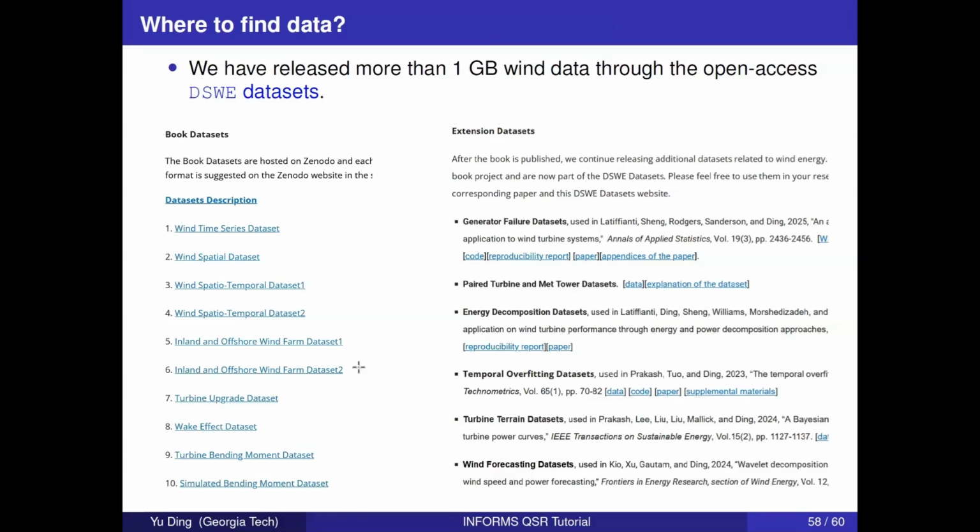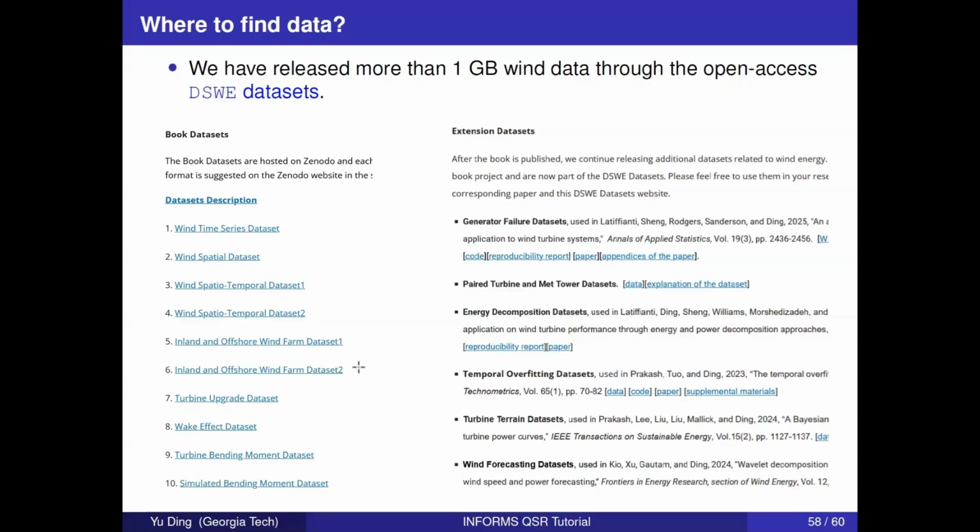After 2019, we released an additional 6 data sets used in additional publications. We call them extension data sets, including the failure data sets, the terrain data sets, and so forth.